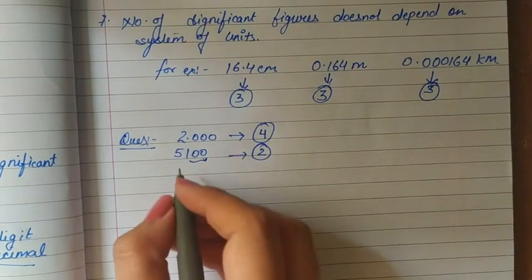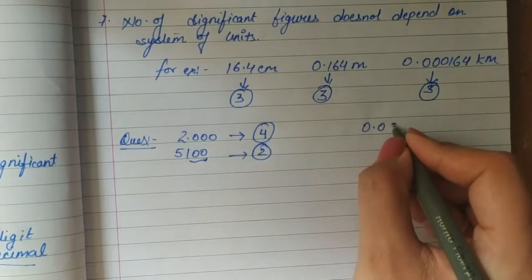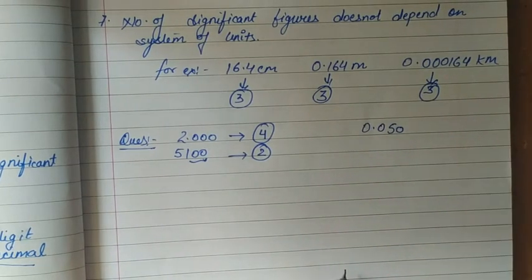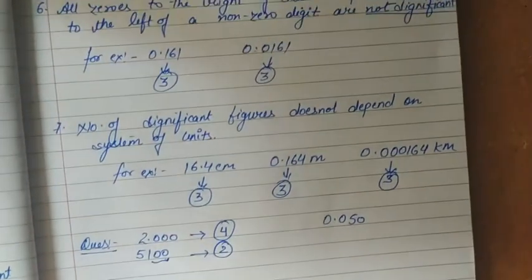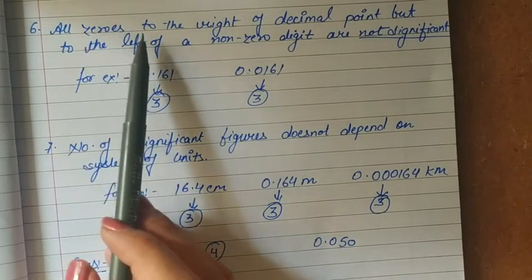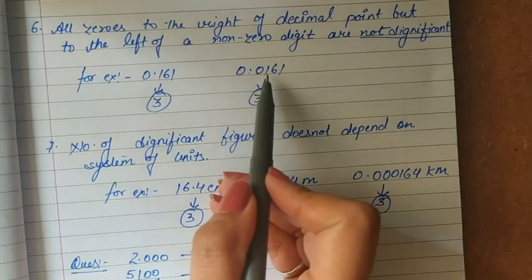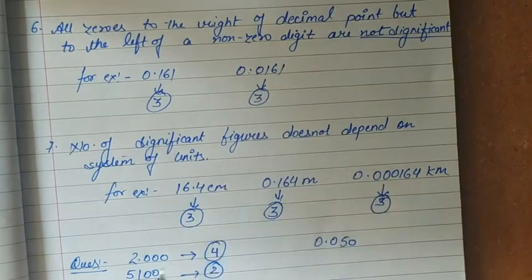Now the next one is 0.050. Now come to the sixth point, which says that all zeros to the right of a decimal but to the left of a non-zero digit, just like in 0.0161, we did not count that zero.